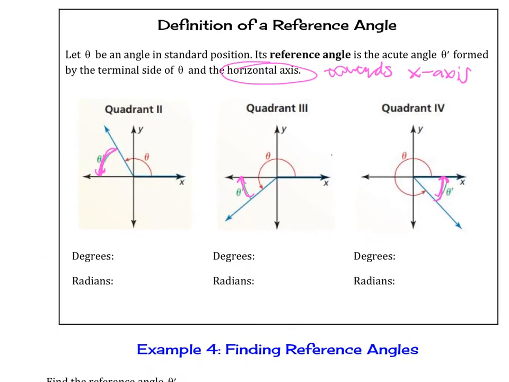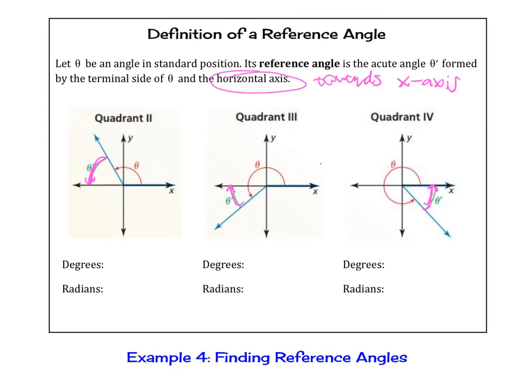Okay, so for degrees, just to give you the formula, although you probably won't use it, you're going to think about what do I need in order to get to the x-axis? So for formulas, 180 degrees minus whatever theta is. We're going to work mostly in radians, theta minus whatever the angle is.